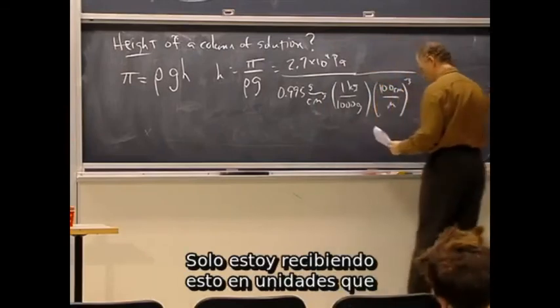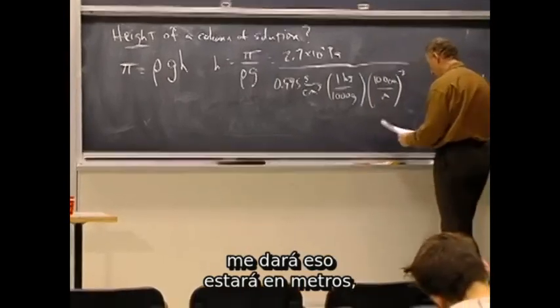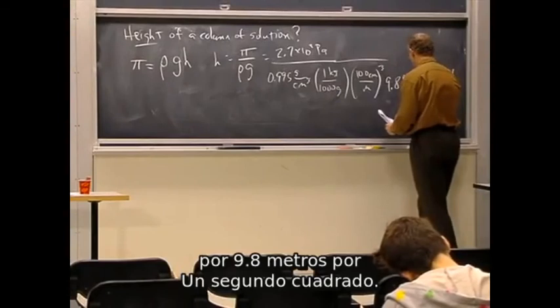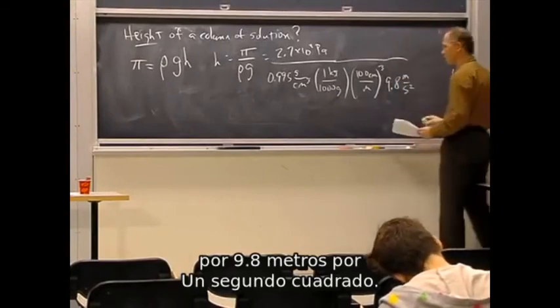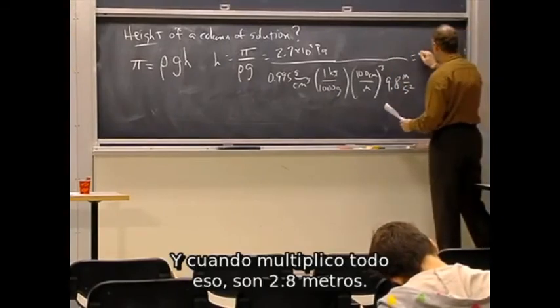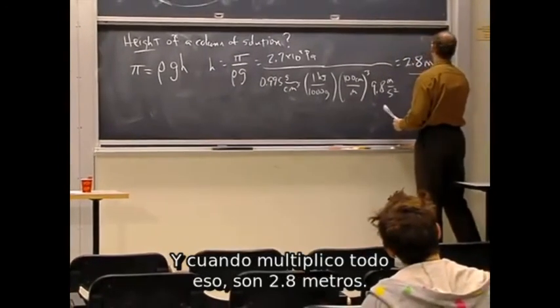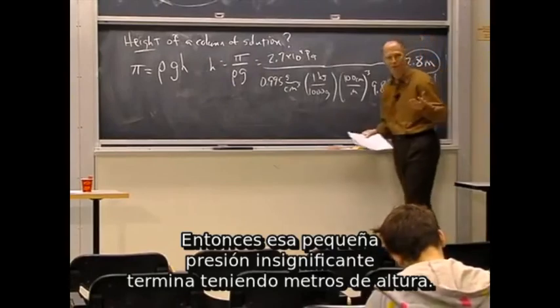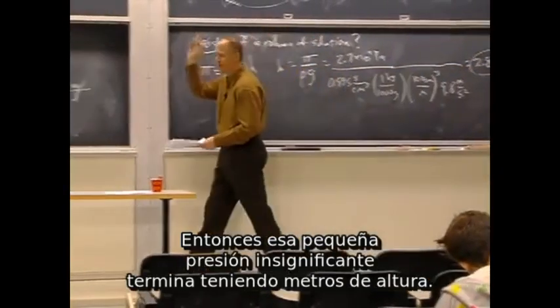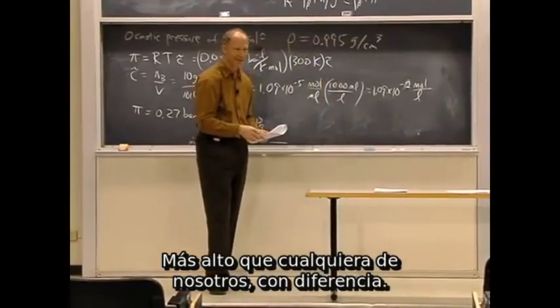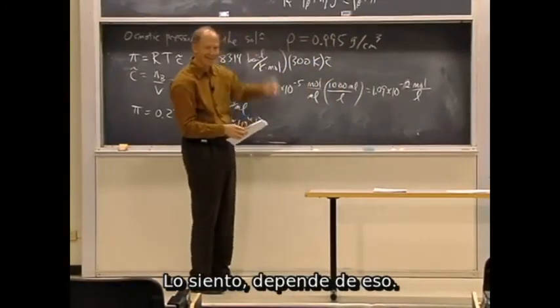I'm just getting this into units that will be in meters, times 9.8 meters per second squared. And when I multiply all that out, it's 2.8 meters. Yeah, so that puny little pressure ends up being meters high, taller than any of us by far.